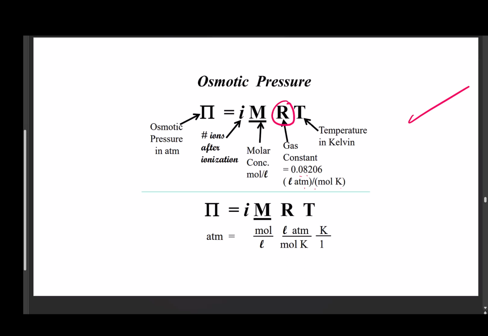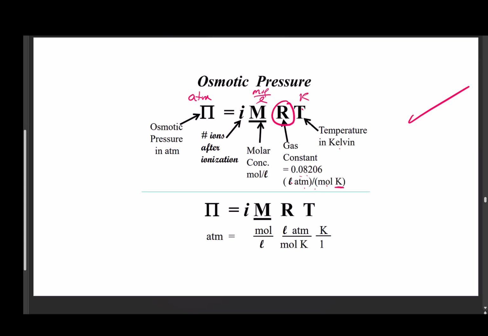Because R is per Kelvin, that forces capital T to be in Kelvin. Because R is in atmospheres, that means that the pressure you're going to compute is going to be in atmospheres. Then what you're left with is liters over moles. So that tells you that M must be in moles per liter, normal units for molarity.